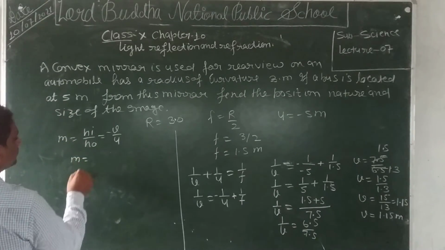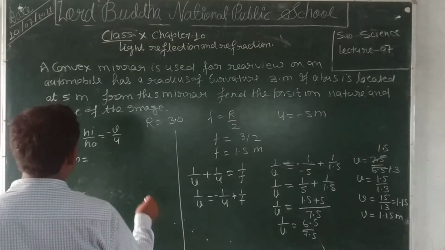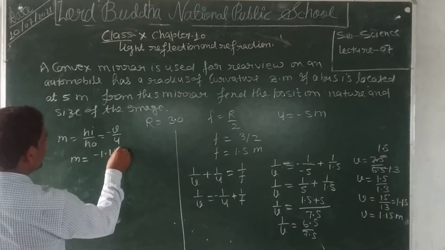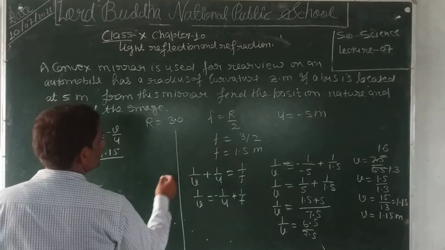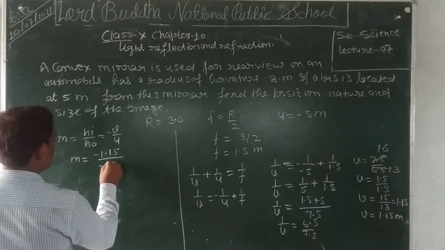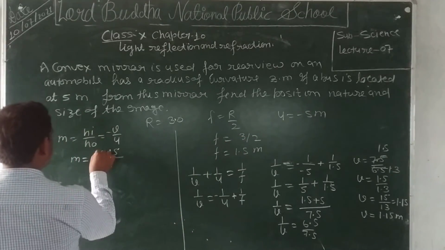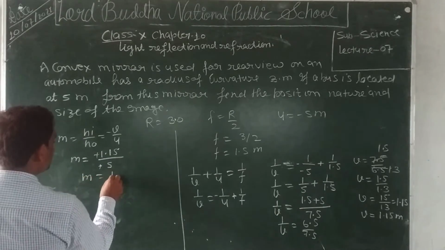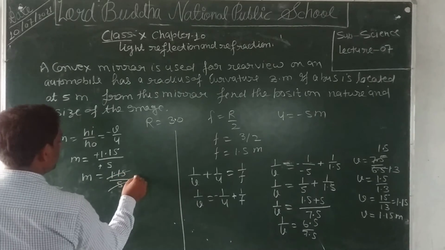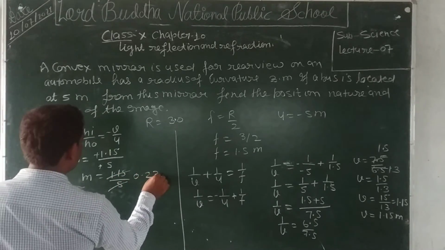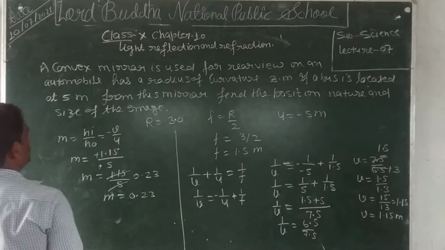So m equal to minus v, that is 1.15, upon u, that is minus 5. Clear? So the minus signs cancel out. m equal to 1.15 upon 5, so m equal to 0.23.